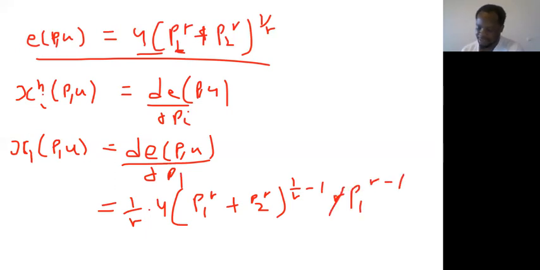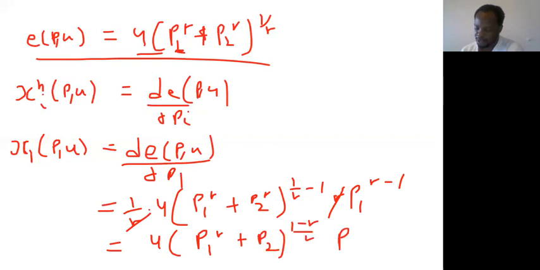So this r cancels this r. So this expression is the same as (1 minus r) over r. So I have it as U into bracket (P1^r + P2^r)^((1 minus r)/r) multiplied by P1^(r minus 1), right?